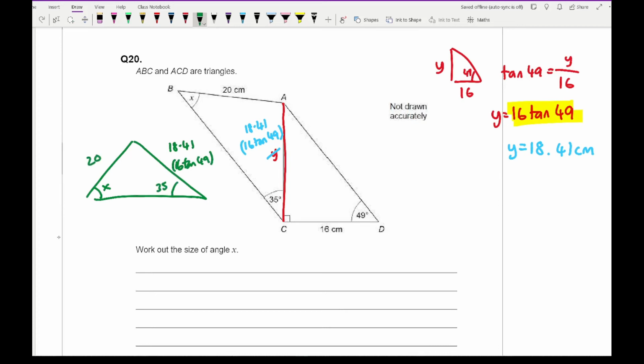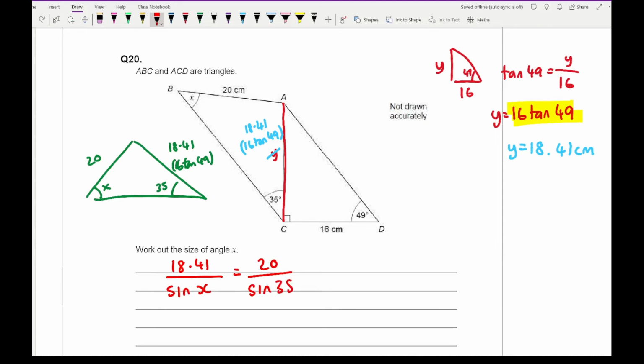So now I'm going to use the sine rule. Let's just use the decimal, I think it's probably going to be the most popular. So here we've got 18.41 over sine X equals 20 over sine 35.